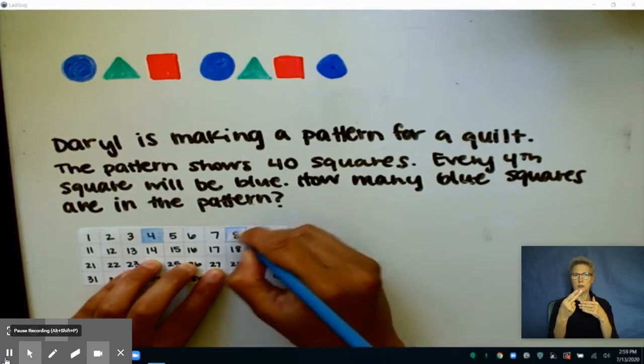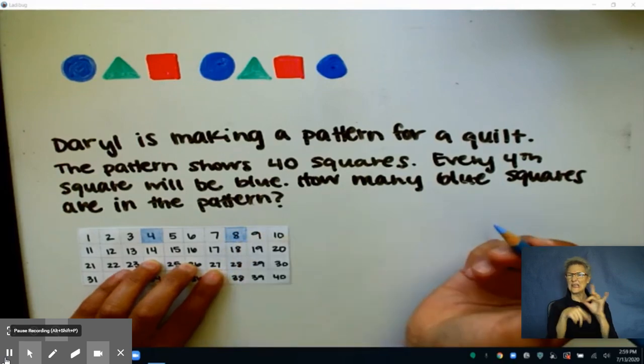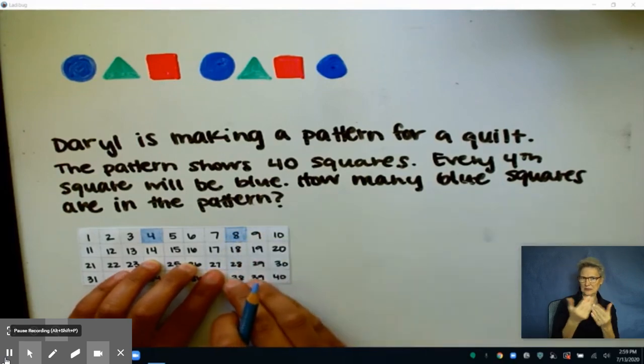And you're probably thinking, instead of just counting, we can use skip counting to help us be a little bit more efficient, and I think that's a great idea.